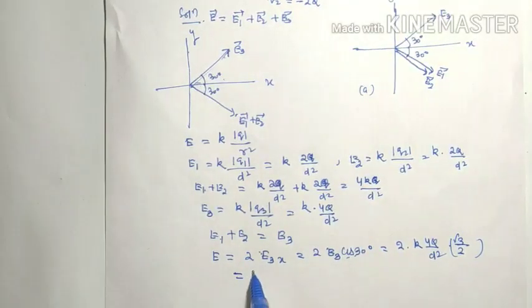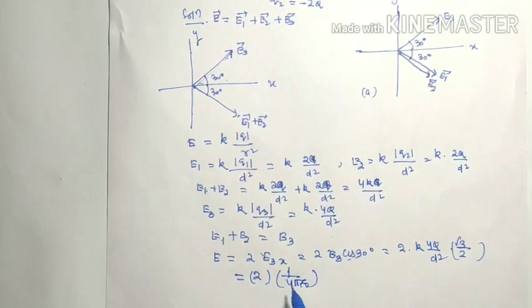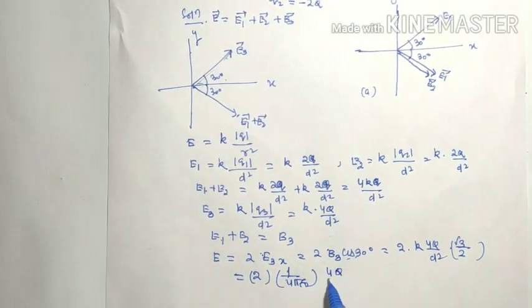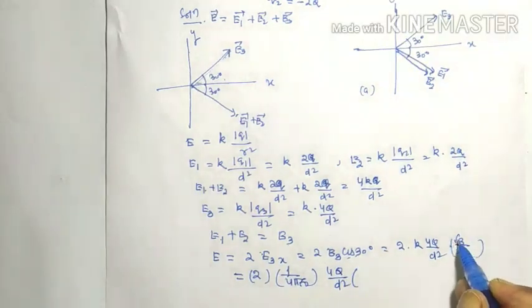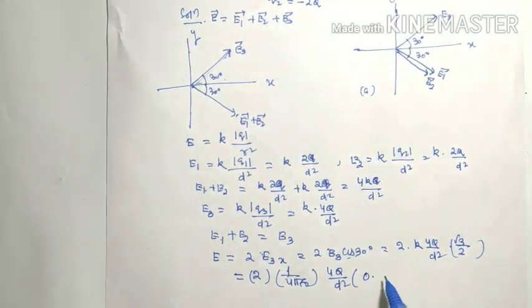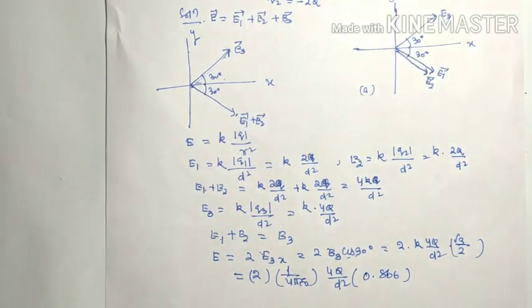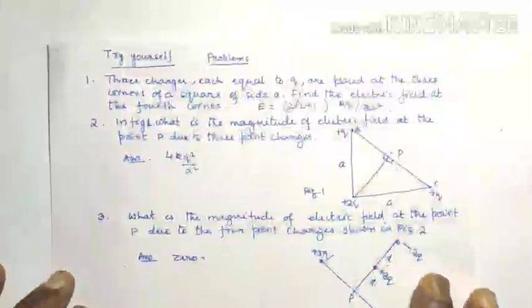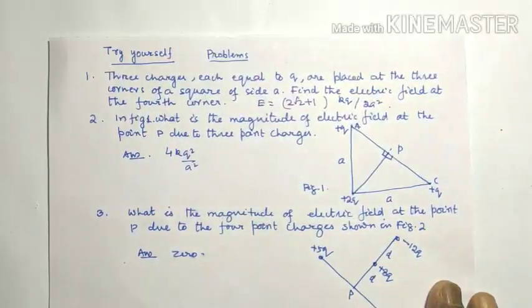The value of K is 1 by 4 pi epsilon 0. So 2 times 4Q by d squared times root 3 by 2, where root 3 is 1.732, so that is 0.866, and the value is 6.93 Q by 4 pi epsilon 0 d squared. I am giving some problems, try them yourself.